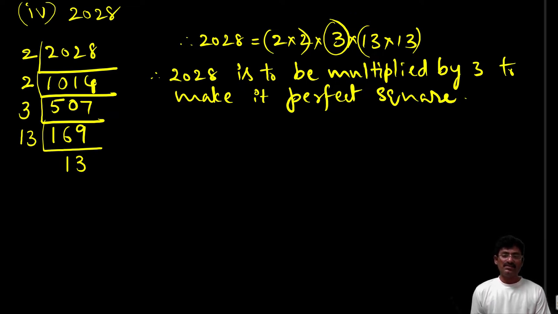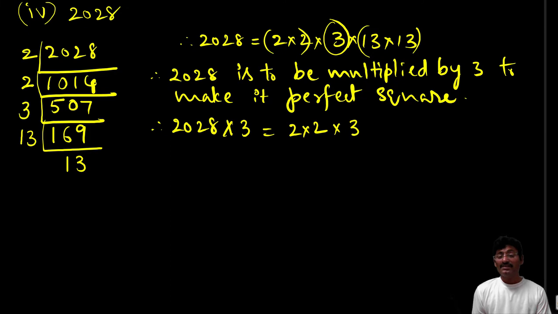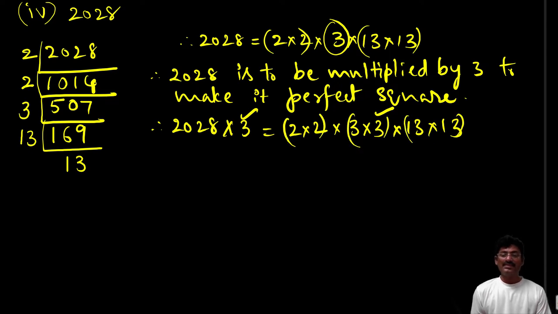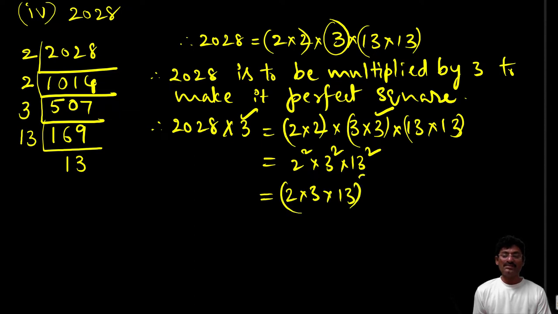So therefore 2028 times 3 equal to 2 times 2 then times 3 times 3. Okay, then times 13 times 13. So we have pairs here. So this is equal to 2 square times 3 square times 13 square. This is equal to 2 times 3 times 13 whole square.